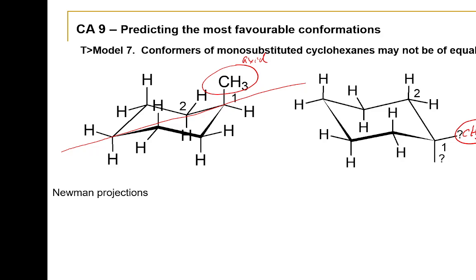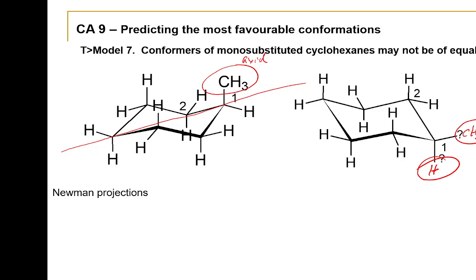But in the second conformer, this CH3 group right here is still above the plane of the ring. And you might say, well, how can that be? It's equatorial. Well, look at the alternative. The alternative is the hydrogen down there, right? So comparing this hydrogen to the CH3, the hydrogen is below the plane, the CH3 is above. Does that make sense? Okay, all right, good.